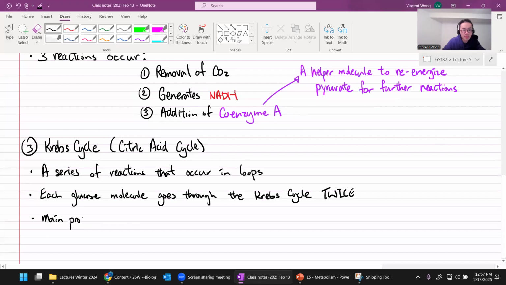Main products: 2 ATP, 6 NADH, and 2 FADH2 per glucose.